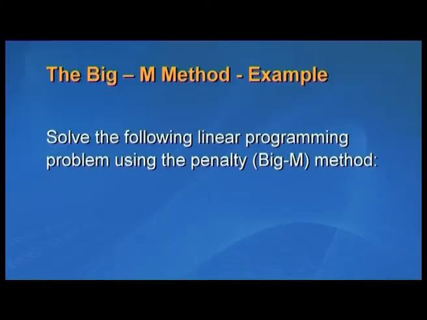Let us take an example to understand the solving of a linear programming problem using the penalty method. Solve the following linear programming problem using the penalty big M method.